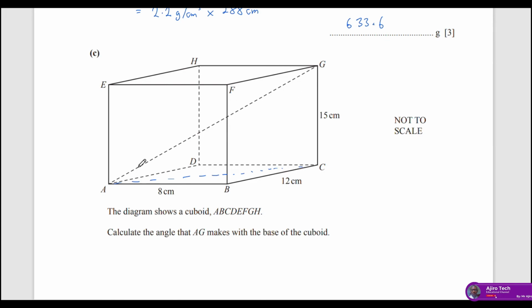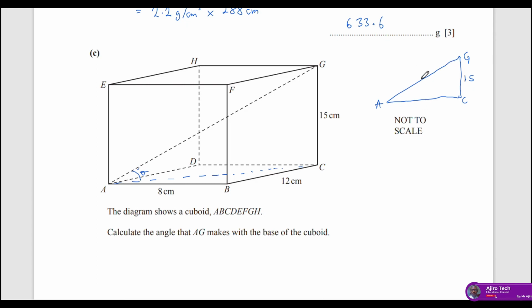I need this angle here. This line is 15. I don't need the other lines, so I have to look for AC plus AG.